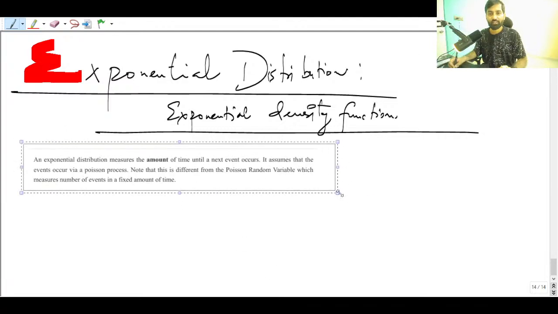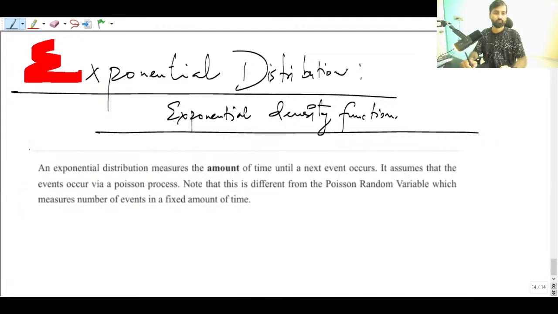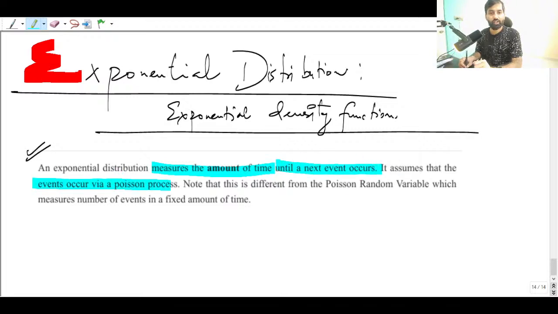ये point आप याद रखना. So the exponential distribution measures the amount of time until the next event occurs. It assumes that the event occurs via a Poisson process.